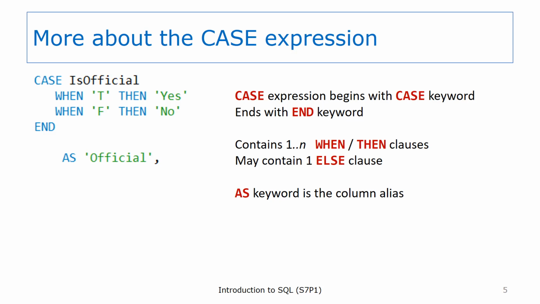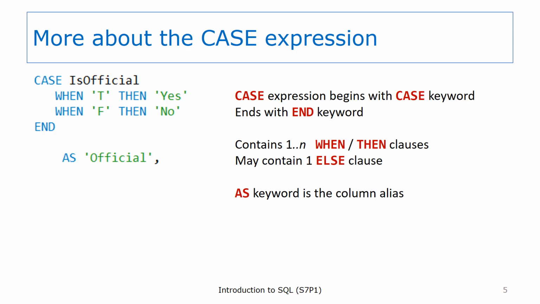Now there are a few things to note about case expressions. First, they are like functions in that a value is returned as the result of evaluating the expression. Second, only one of the when-then clauses will return the value.